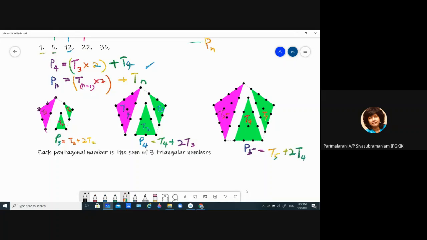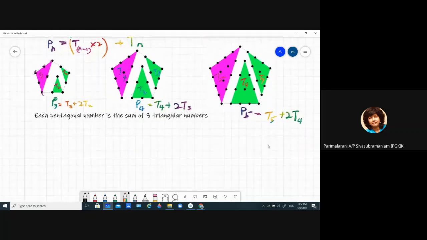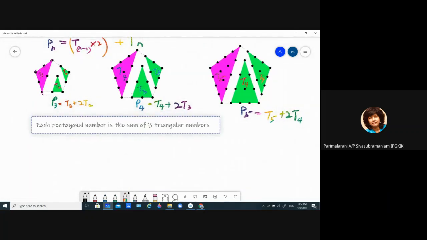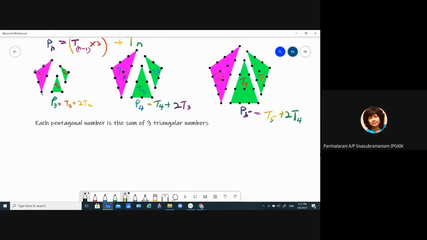So this is the relationship between pentagonal numbers and triangular numbers. We can see that each pentagonal number is the sum of 3 triangular numbers. That's a very important relationship that we should know.